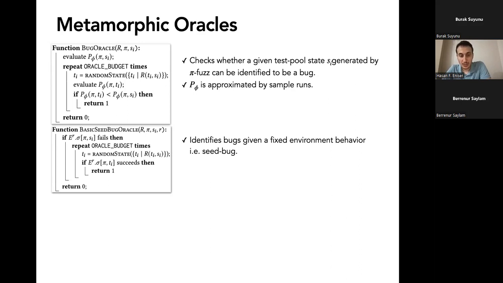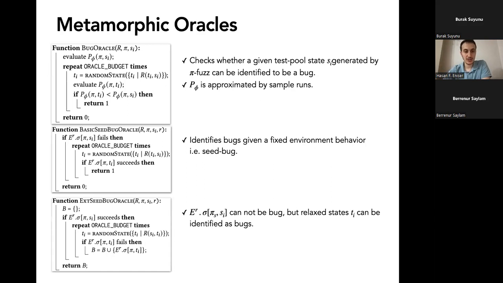We again obtain a random unrelaxed state T, and we check whether the policy is succeeding in the unrelaxed state T. Of course, there is an if condition in the beginning which checks if the policy is failing in the easier state S. If not, then we can simply say that there is no bug that we can identify. I hope it's clear.